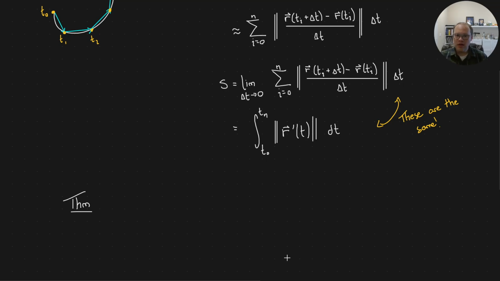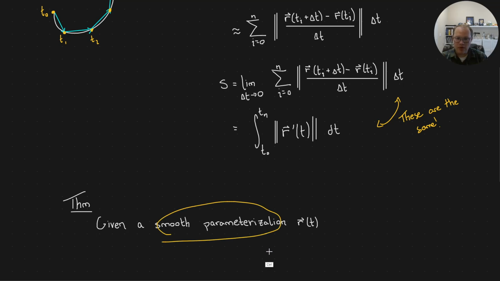And so we've derived a formula for finding the arc length. Given a smooth parameterization r of t, and by the way, smooth parameterization means the normal stuff. It means we can take the derivative. It also means that the function doesn't double back on itself.